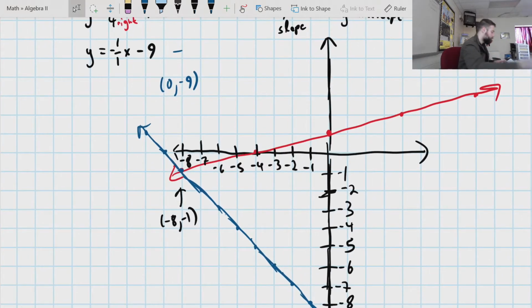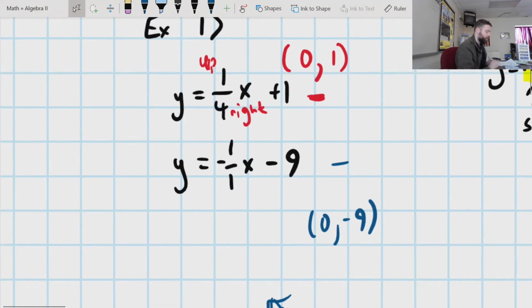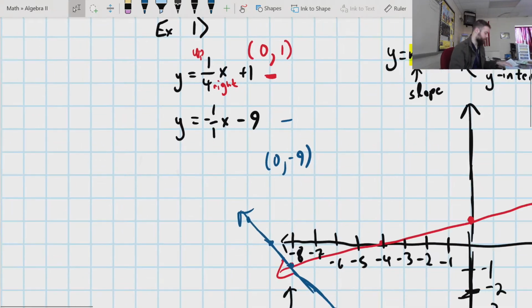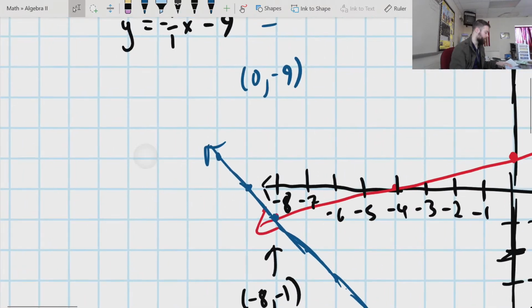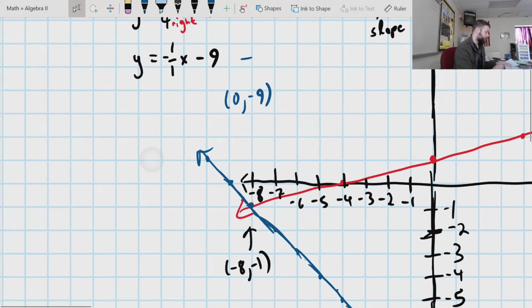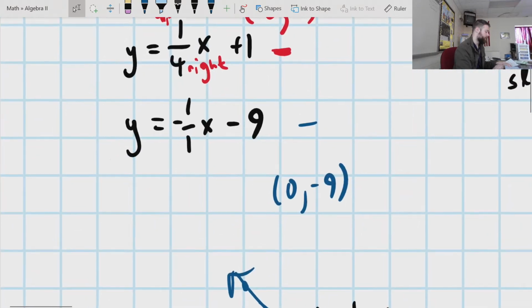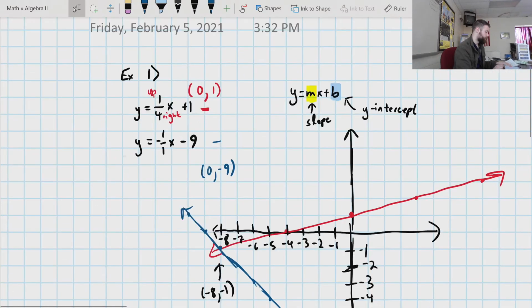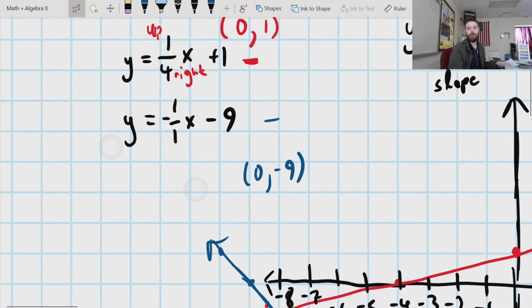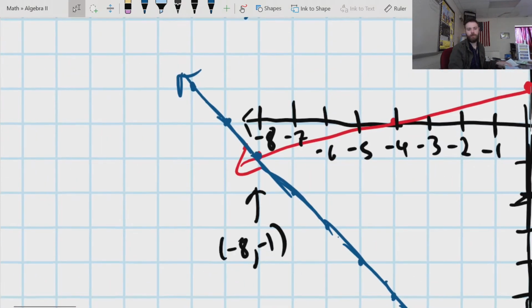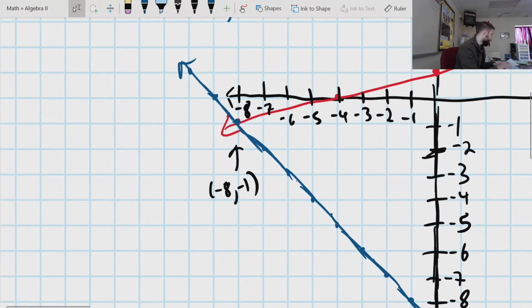And so the solution to both of these lines is -8, -1. So if I plug those in, I'm going to get the same value on both sides, okay? So they share one point. These two lines share one point, and that one point that they share is -8, -1. That's what we're trying to say here.